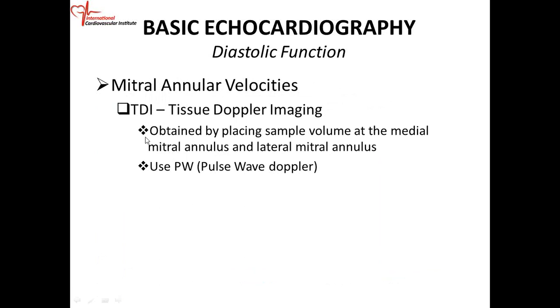Okay, so this is obtained by placing the sample volume at the medial mitral annulus and the lateral mitral annulus. So the sample volume has to be placed at the annulus. You use pulse wave Doppler.